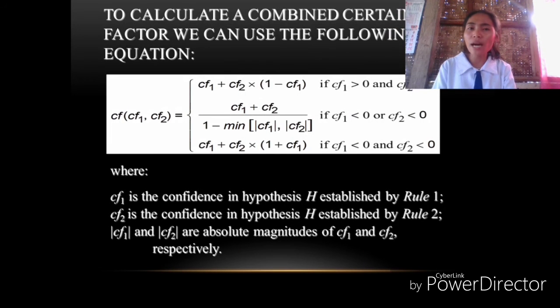To calculate a combined certainty factor, we can use the following equation. So this is the equation for calculating the combined certainty factor, where CF1 is the confidence in hypothesis H established by rule 1, while CF2 is the confidence in hypothesis H established by rule 2. The absolute values of CF1 and CF2 are the absolute magnitudes of CF1 and CF2 respectively.